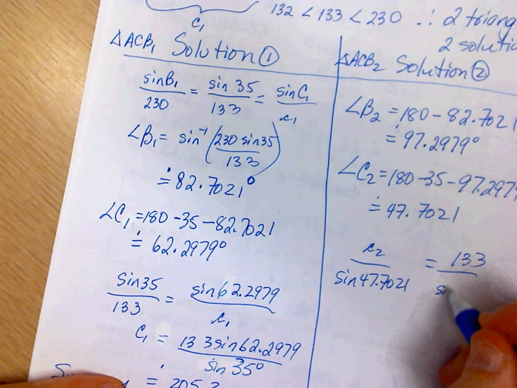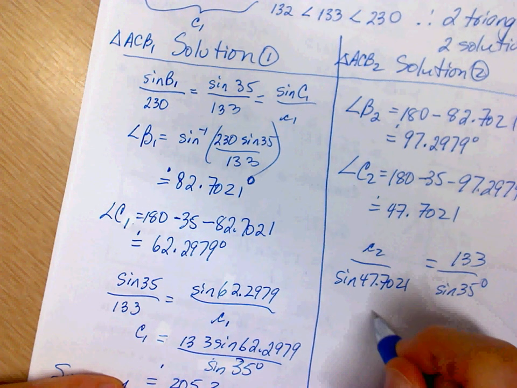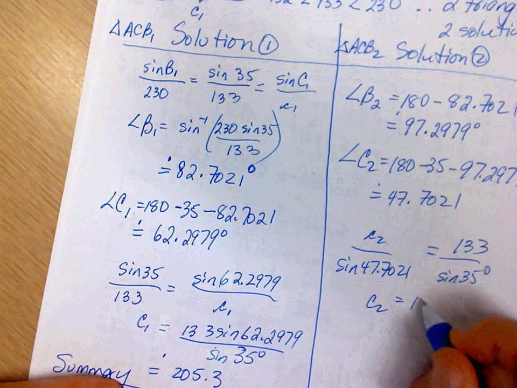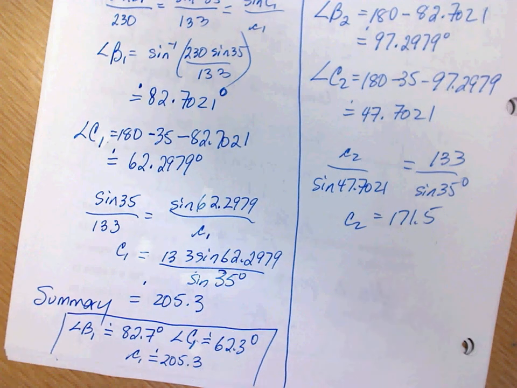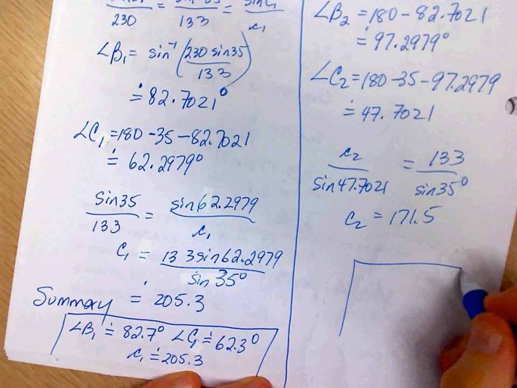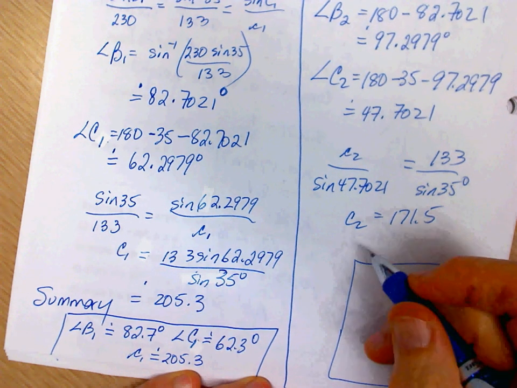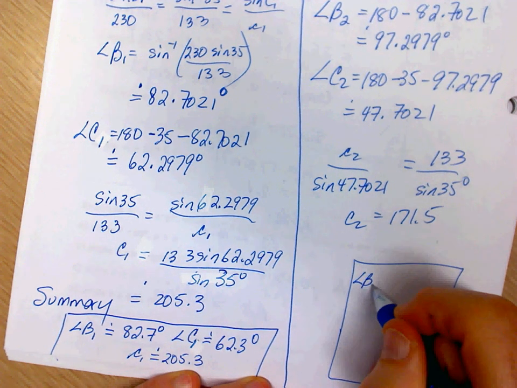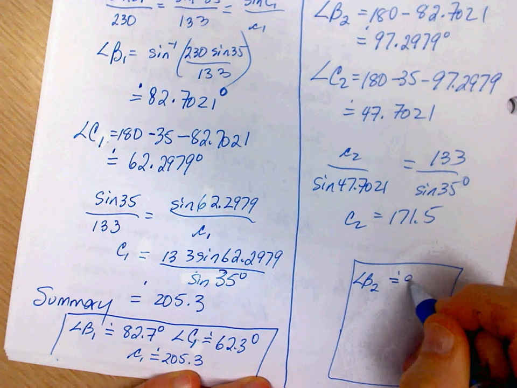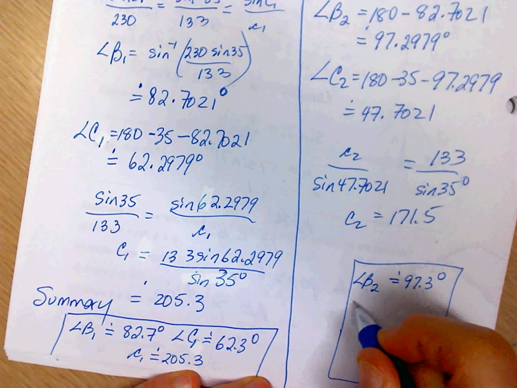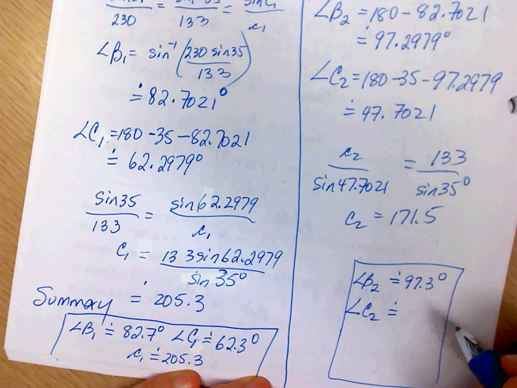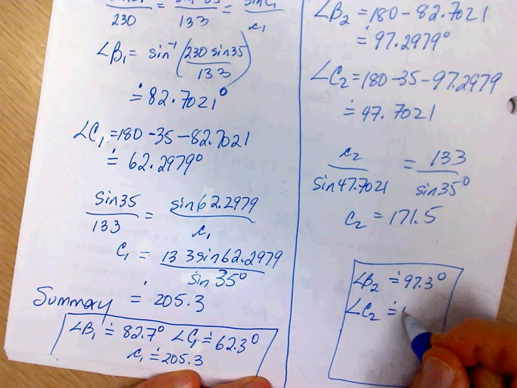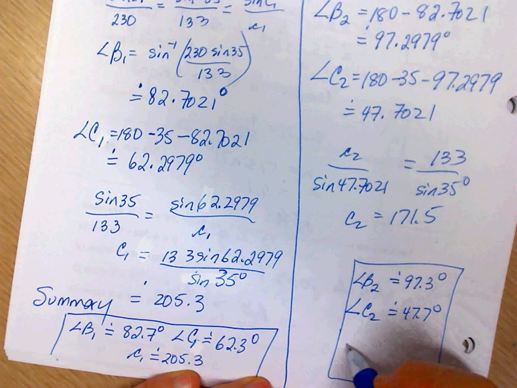C2 is approximately... I assume you can do the number crunching. Make sure you're in degree mode. Our summary: angle B2 is about 97.3 degrees. Angle C2 is about 47.7 degrees, and little c2, the side c2, is 171.5.